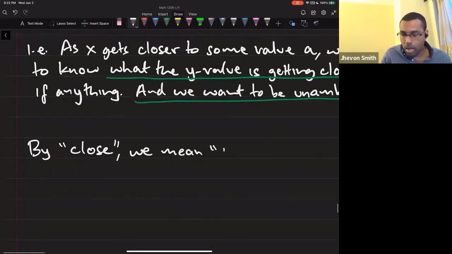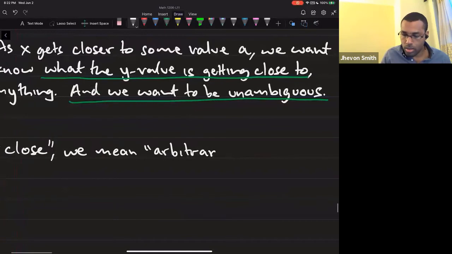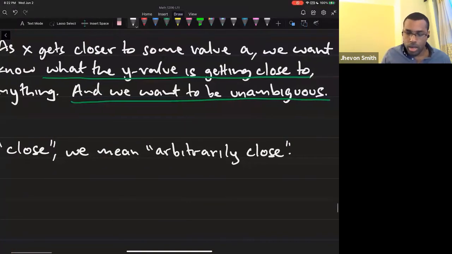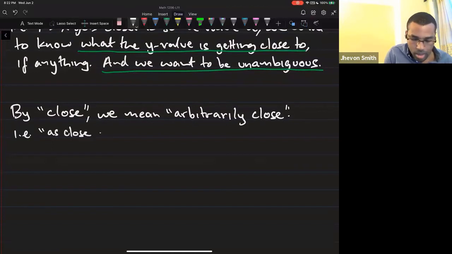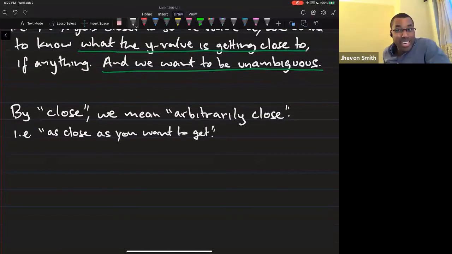And by close here, we mean arbitrarily close. And essentially what that means is, i.e., as close as you want to get. And so that's why we need an unambiguous answer.